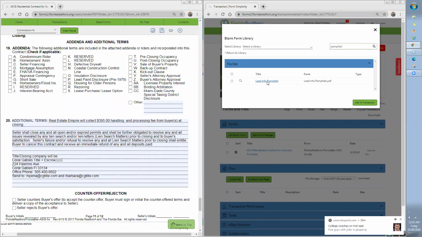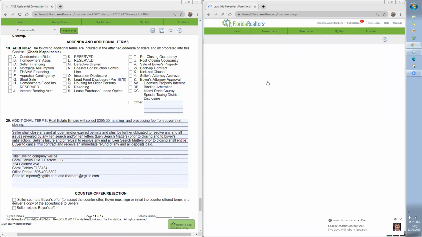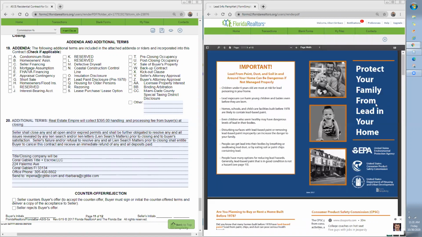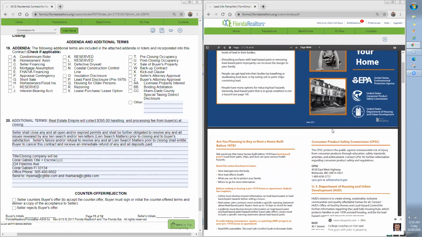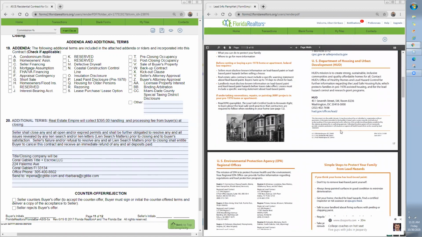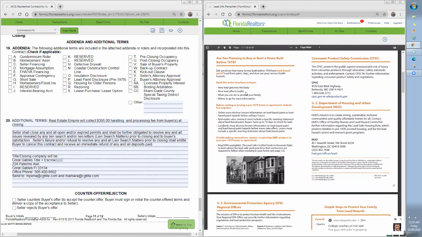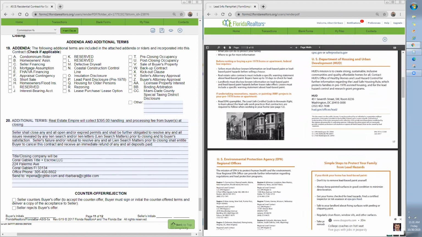When you see it, there's nothing that needs to be signed. It's just a pamphlet. It's just information, right? And it looks like this. And it says protect your family from lead in your home. And it just basically explains, okay, if you're buying a home built before 1978, this is how it could get into your body. This is how it affects you.